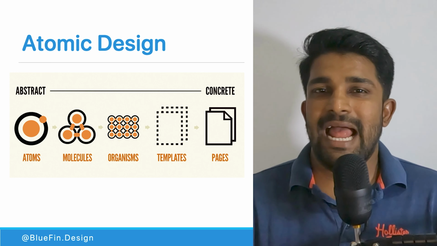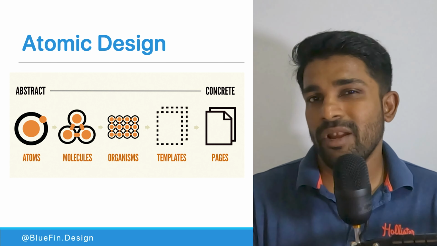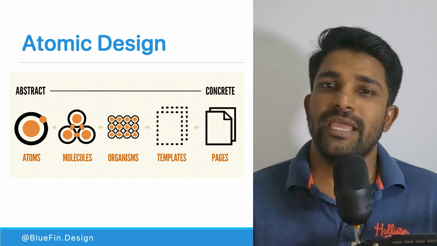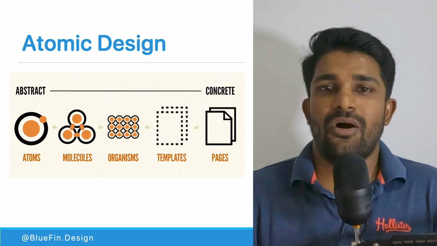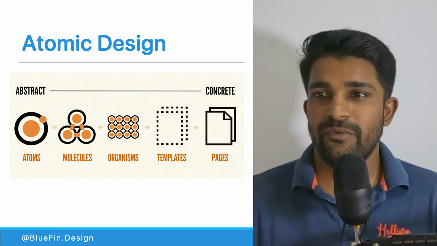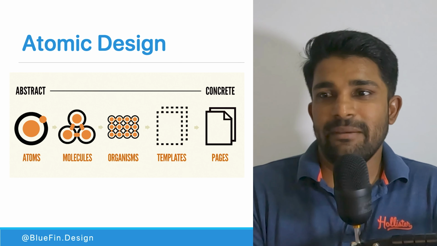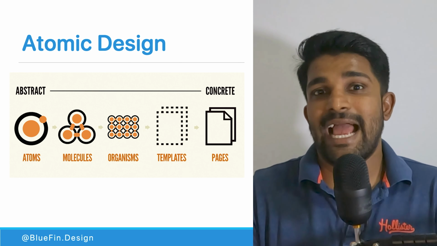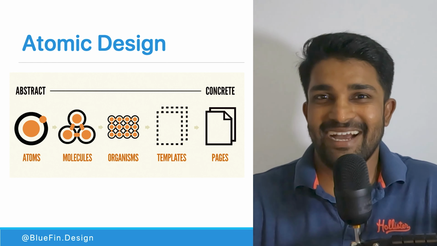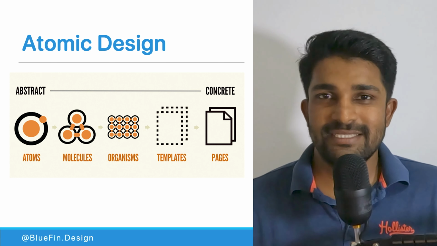Then multiple atoms form a molecule, and then multiple molecules combine to form small organisms, and then individual organisms combine to create a template, which in biology we call species. And then even those templates can be used to create the actual pages. So that's the analogy, I hope I was making sense. That's the analogy for the atomic approach for design systems.